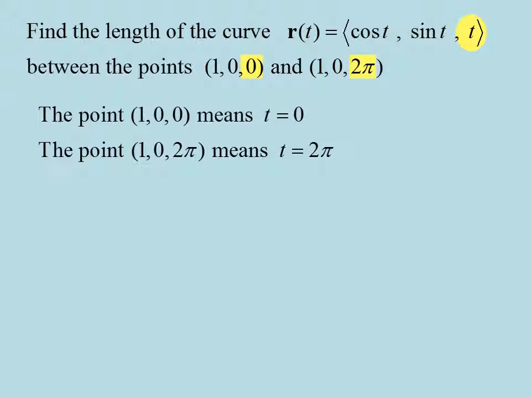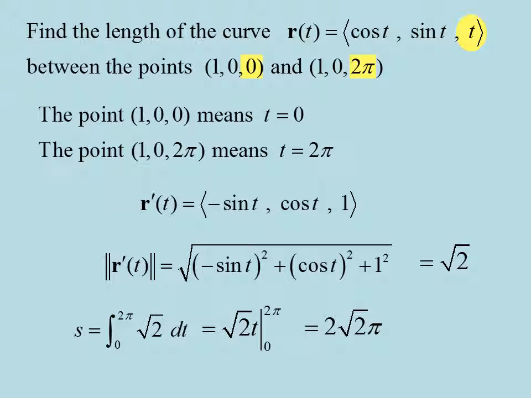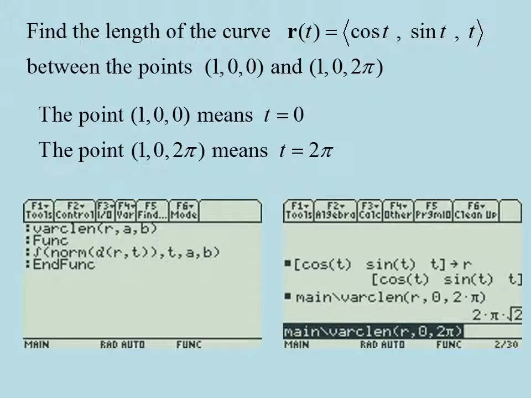So we'll want to be doing the integral from 0 to 2 pi. Now we'll do the derivative of r. We'll do the magnitude of that. Simplify. And then integrate that from 0 to 2 pi. Now that's not too bad of an integral to do. And as you can probably guess, this is very easy to program into the TI-89.